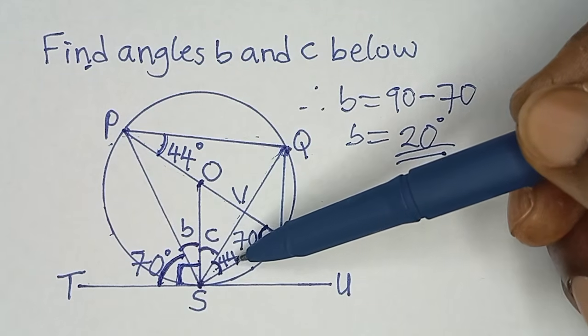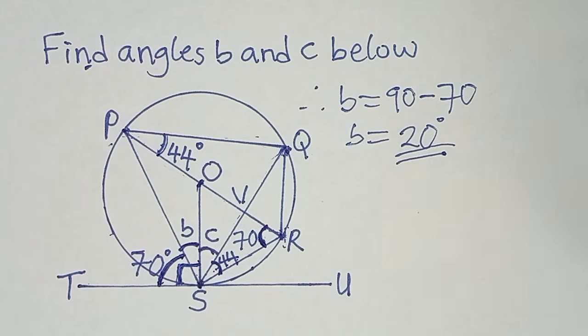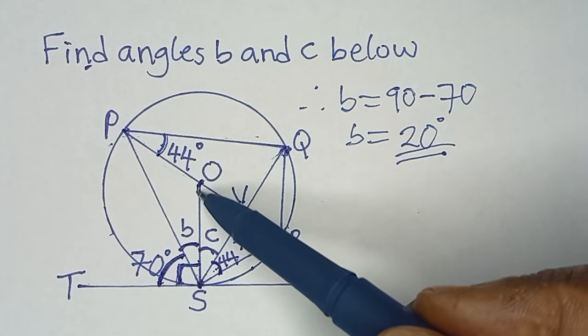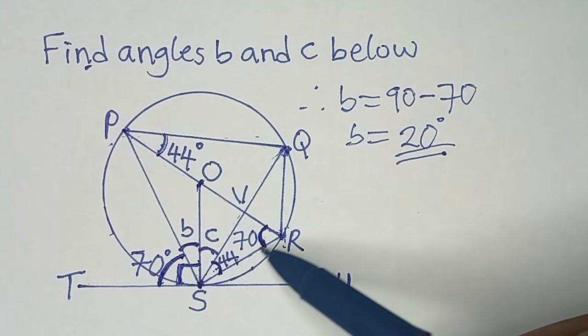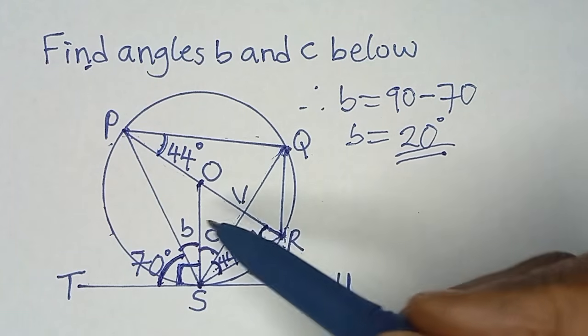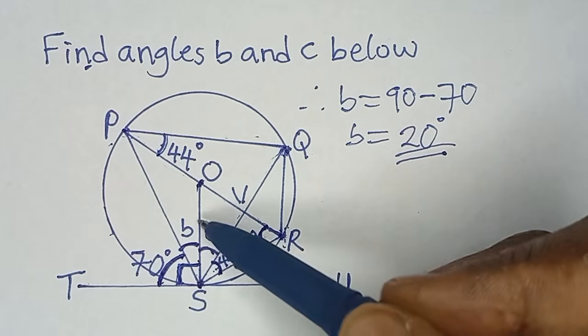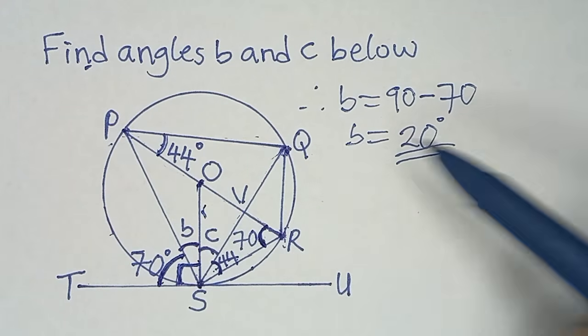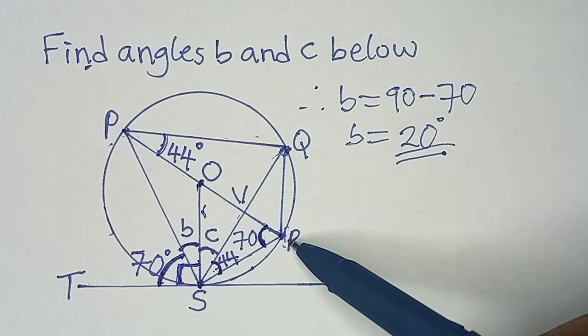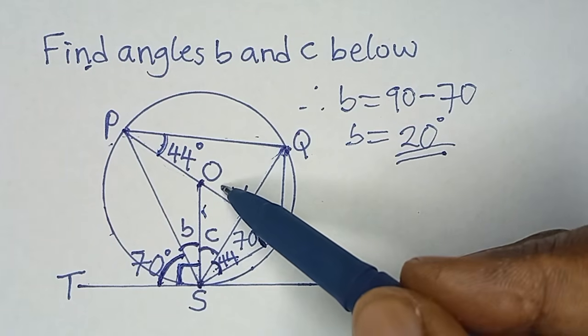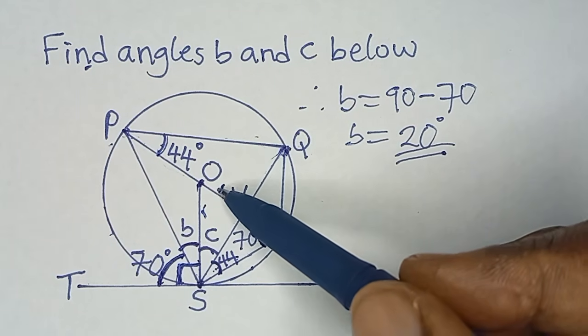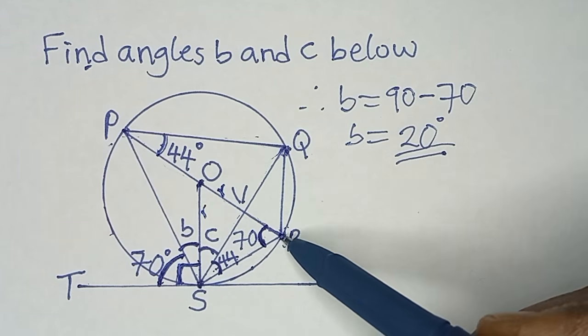So that is this 44 degrees. Now, don't forget that this is a triangle where two sides are equal. This line OS is a radius. You can see that this line OR is also a radius, because any line from the center of the circle to the circumference is a radius.